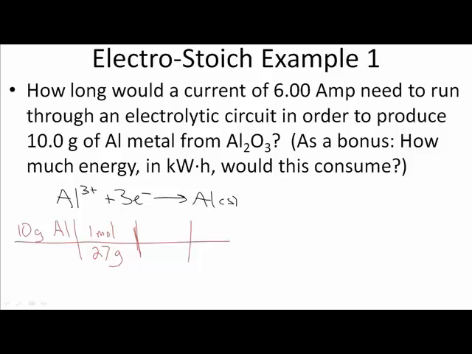So for every mole of aluminum, how many moles of electrons are transferred? 3. So I'm going to be sure I label my moles correctly. 1 mole of Al is 3 moles of electrons.